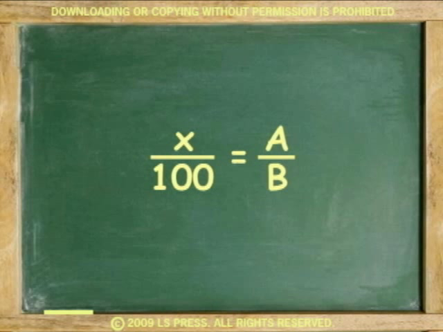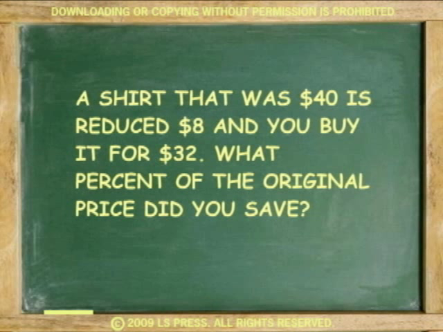Let's try a percent problem now. Percent problems are also proportional problems, where the percent ratio x over 100 is always equal to a known ratio. For example, a shirt that was $40 is reduced $8 and you buy it for $32. What percent of the original price did you save?